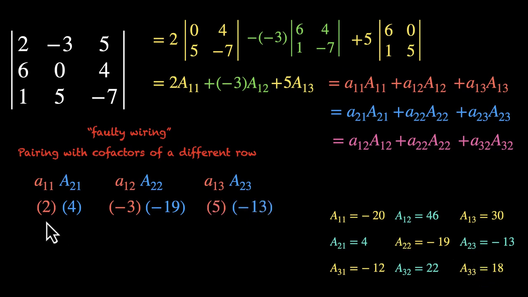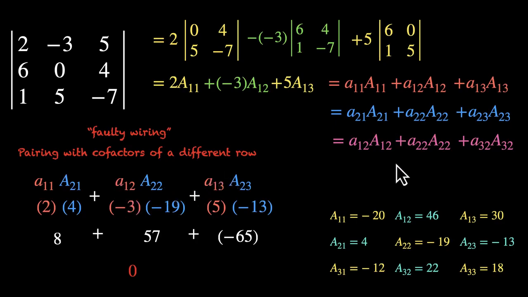So let's multiply. 2 times 4 is 8, 3 times 19 is 57, minus minus plus, so it stays 57. 5 times minus 13, that's minus 65. Now let's add them. So 8 plus 57 plus minus 65. 8 and 57 add up to 65. Minus 65 gives 0. And I was also surprised.